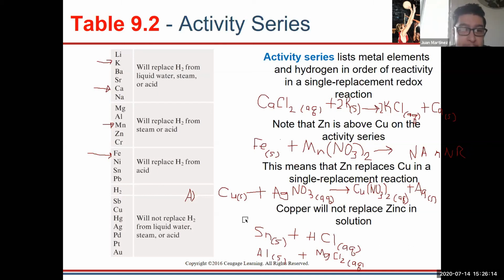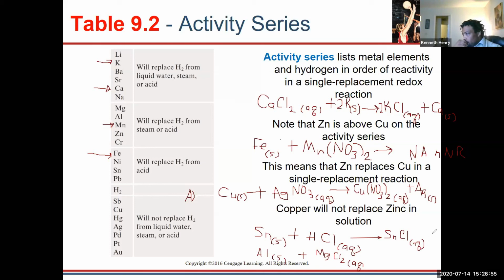Yes, because it's an acid. That is correct. Okay, so what will be the product? SnCl and plus H2.